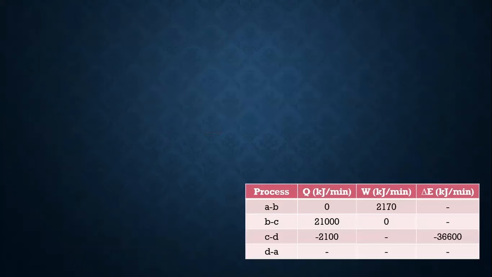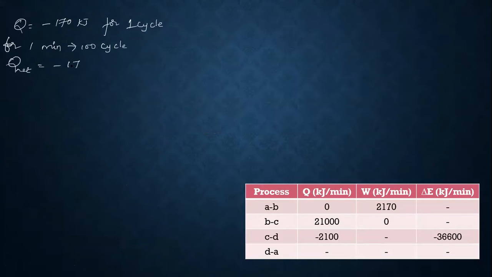Now I'll take the net heat transfer Q they have given, which is minus 170 kilojoules for one cycle. For 1 minute, it undergoes 100 cycles. Therefore, net heat transfer is equal to minus 170 into 100, which gives minus 17,000 kilojoules per minute.